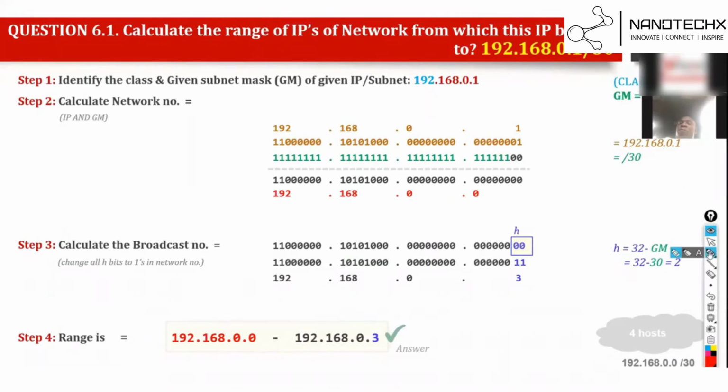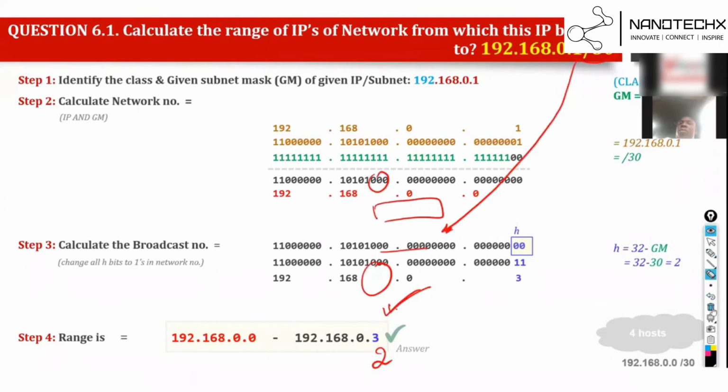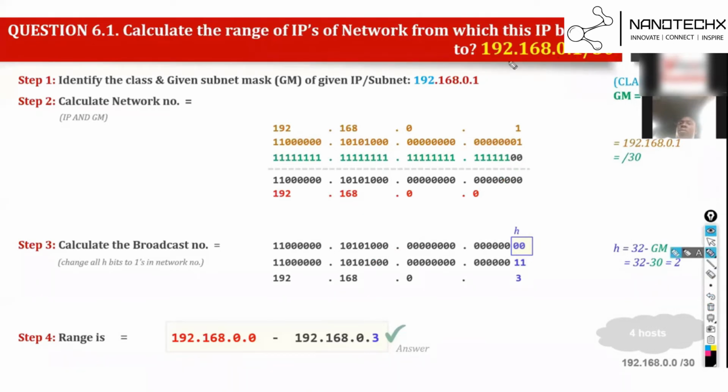Whatever is given to you in the question, they tell us, please calculate the range of this IP address. What we have to do is simply write this subnet mask, this IP address or network number, in binary in here, and then we have to write this /30 in here as well. /30 means 30 times 1.